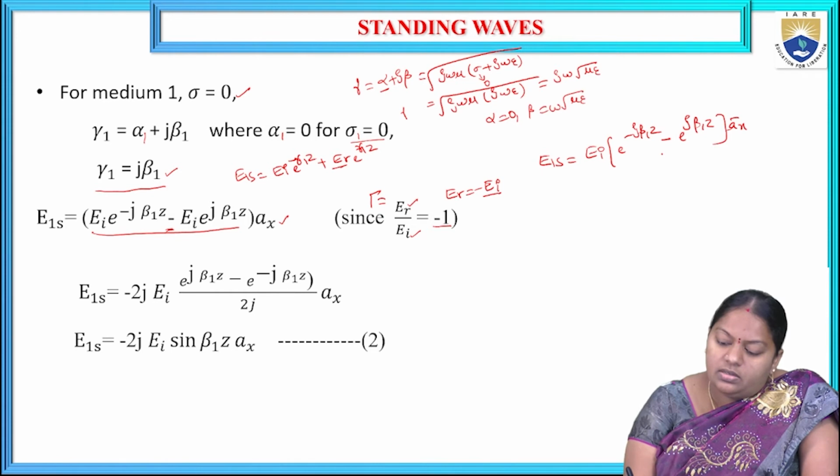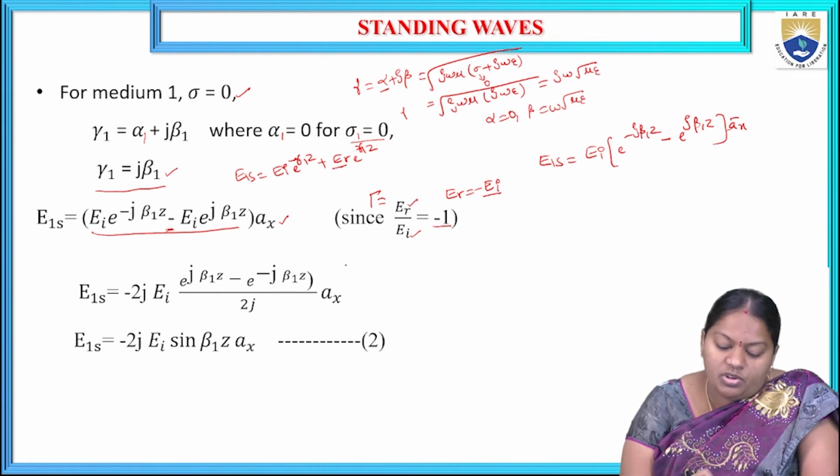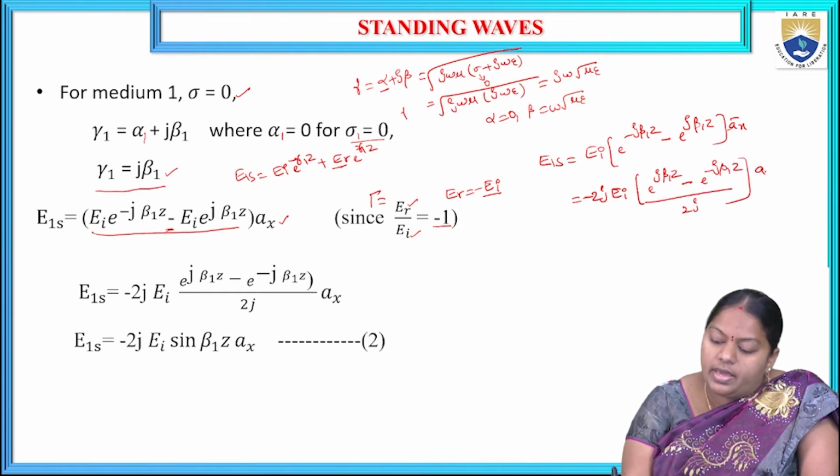To write this in complex variables like cosine and sine functions, we rationalize with respect to 2j. Then 2j into EI, taking the negative as common, (e^(jβ1z) minus e^(-jβ1z)) by 2j into ax.